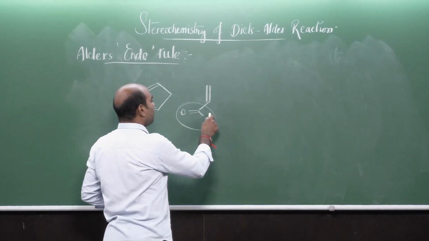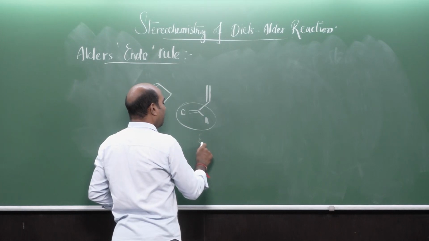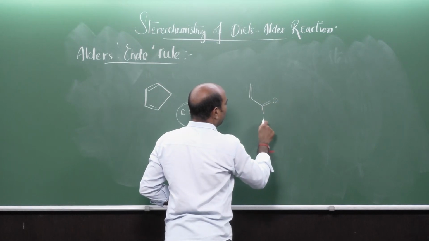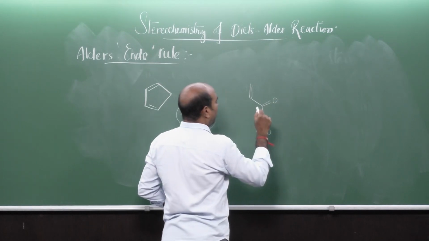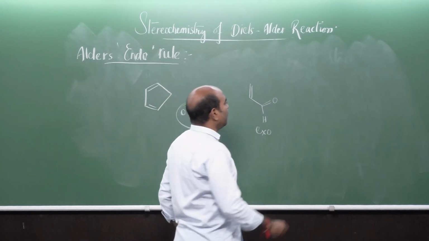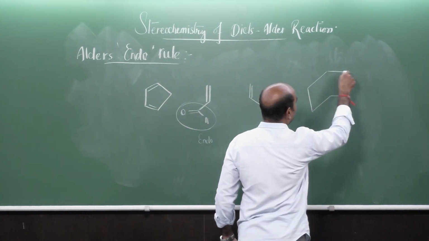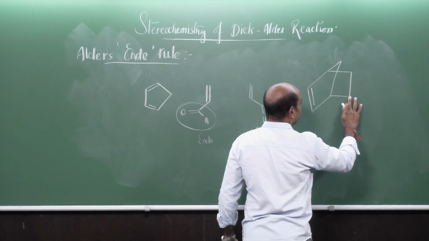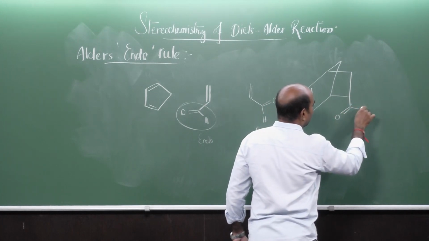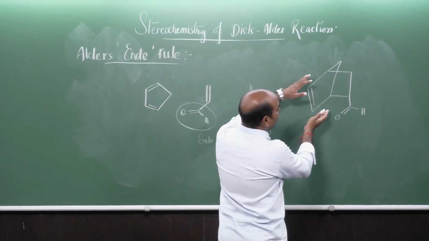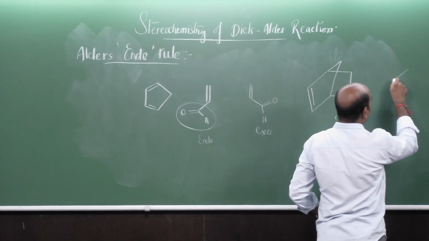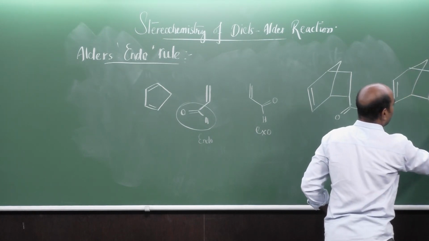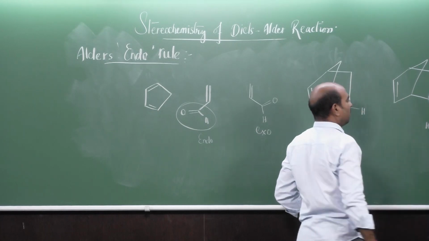That means this will give you the endo isomer, whereas this kind of orientation will give you an exo isomer, right. So in the bridged bicyclic product which you are getting, you see the functional group is underneath the diene part, and in some cases it is away from the diene part, right.